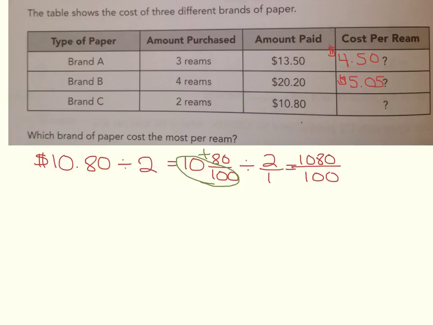Keep the first fraction, flip the second fraction, change to multiplication. So in this one, we can cross simplify. We can divide 1080 by 2. We would have 540. 2 divided by 2 is 1. Multiply across. 540 times 1 is 540. 100 times 1 is 100.